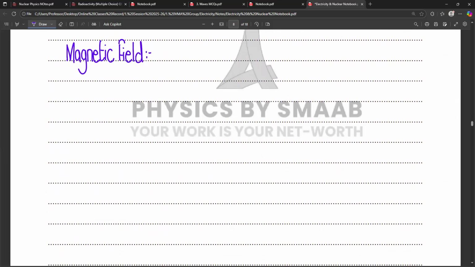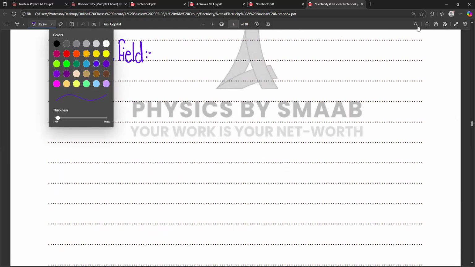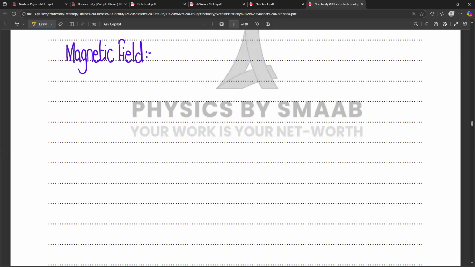So magnetic field is from north to south. So for example, if we consider magnetic field into the paper, right? Into the paper, if we make crosses, so let's suppose this is the pattern of the magnetic field which is into the paper.